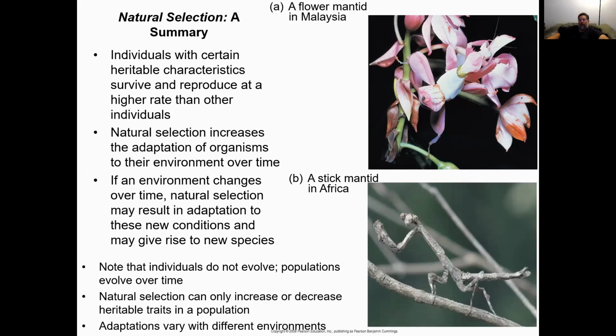Natural selection can increase or decrease these heritable traits. In the case of DDT, natural selection selected for resistance in that population, so it increased that trait.